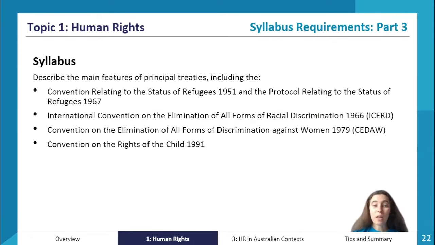The next part of the syllabus is about principal treaties. So we'll have a look at 4 different principal treaties and the main features of each.